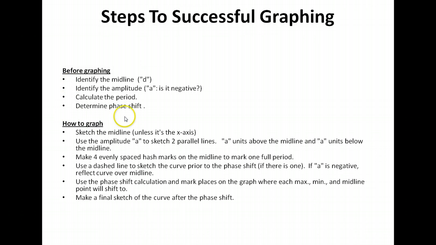We need to gather this information, and once we've gathered that information and sifted it a little bit, in other words, calculate the period and determine the phase shift, then we can go on to the second step, which is to graph the particular function. The good news for you is it doesn't matter what kind of sinusoid I give you, following these steps will lead to success, and you are going to do a marvelous job.